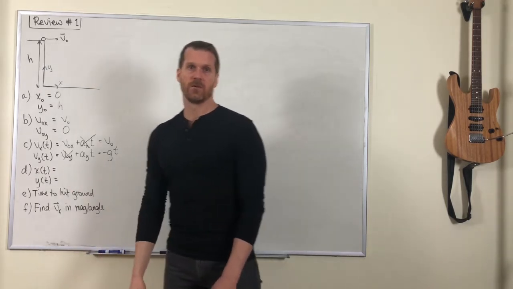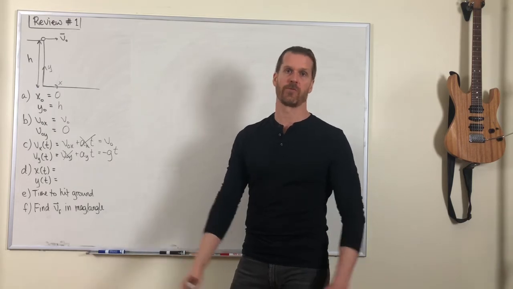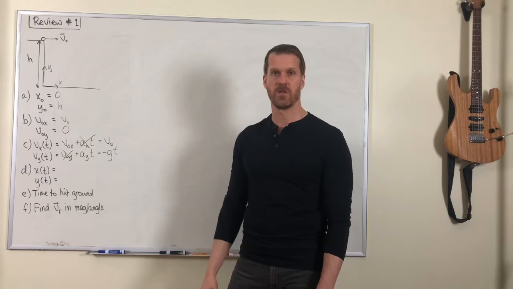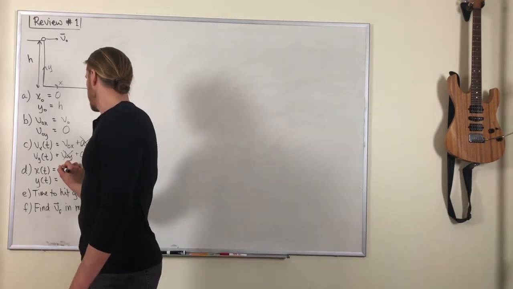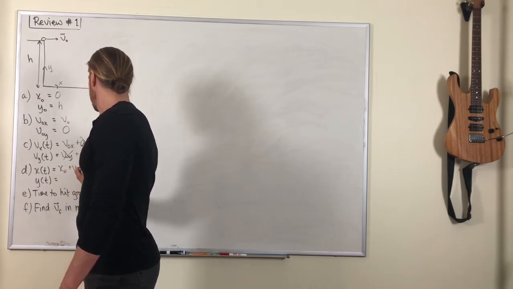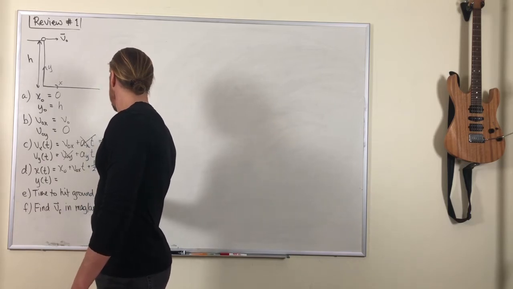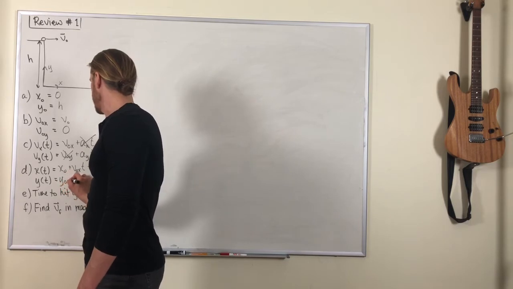Question D, what are the coordinates or position vector components as a function of time? That comes from kinematic equation number 3. You can think of it as x0 plus v0x t plus 1/2 ax t squared. And same thing for y.